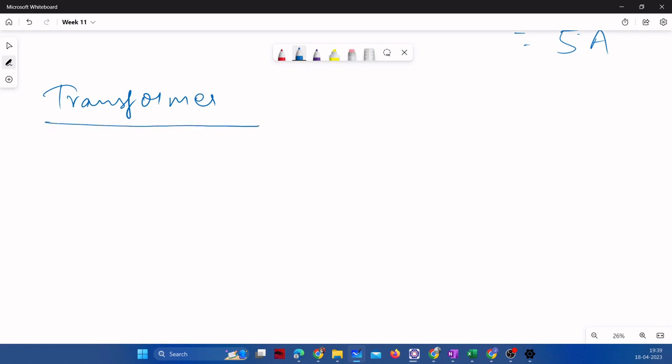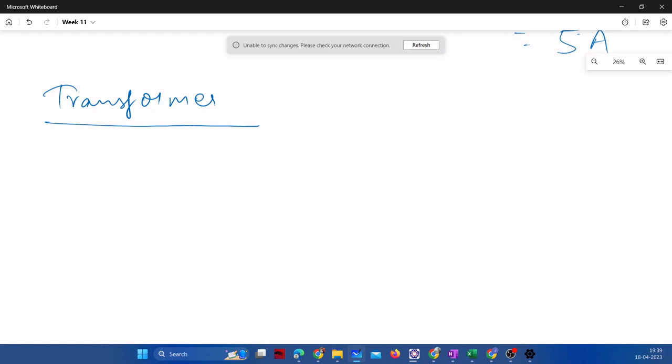The window area would be the same for both devices. For the core area, there will be a minor change.